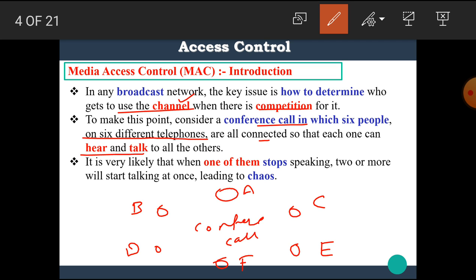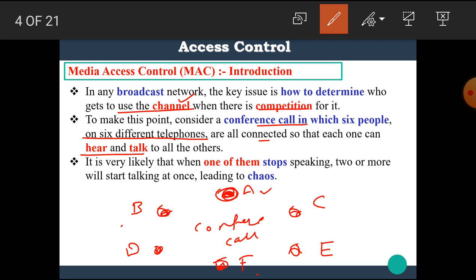Then each one can hear and talk with the other 5 people. For example, A can hear and talk with the other 5 people like B, C, D, E, and F.